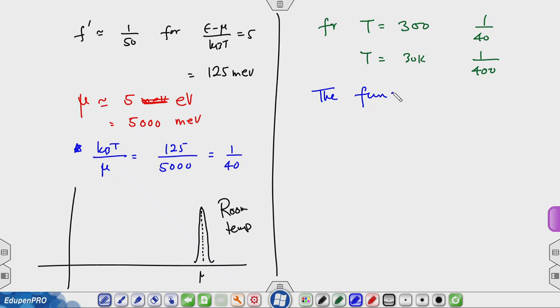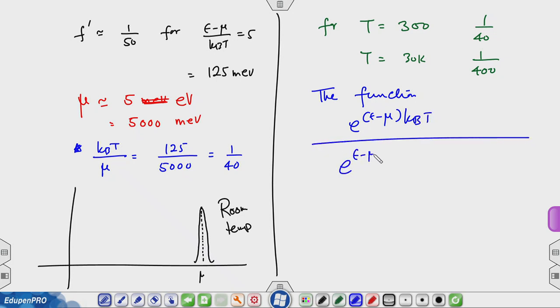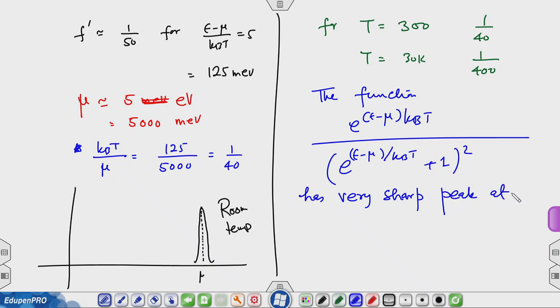The function e raised to epsilon minus mu over kBT divided by e raised to epsilon minus mu over kBT plus 1 square has a very sharp peak at epsilon equals mu, and is symmetric about epsilon equals mu.